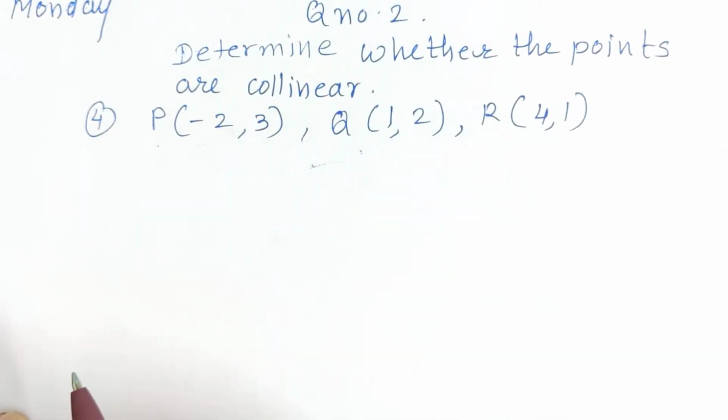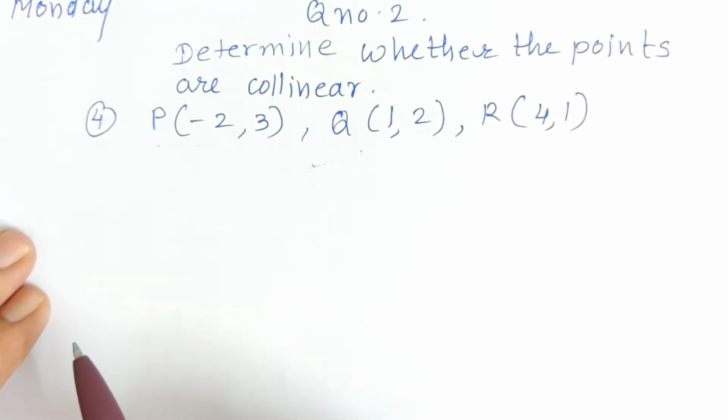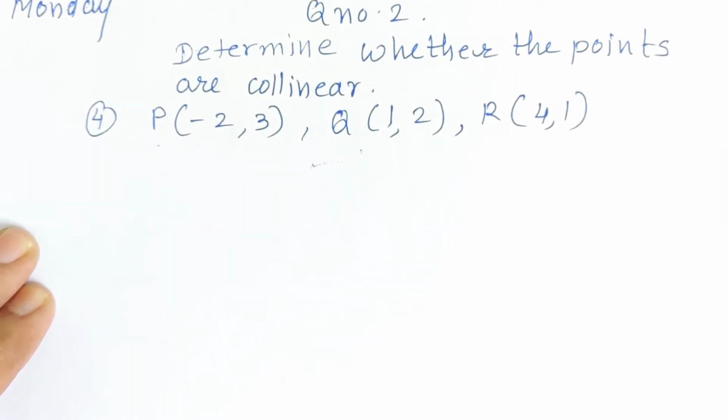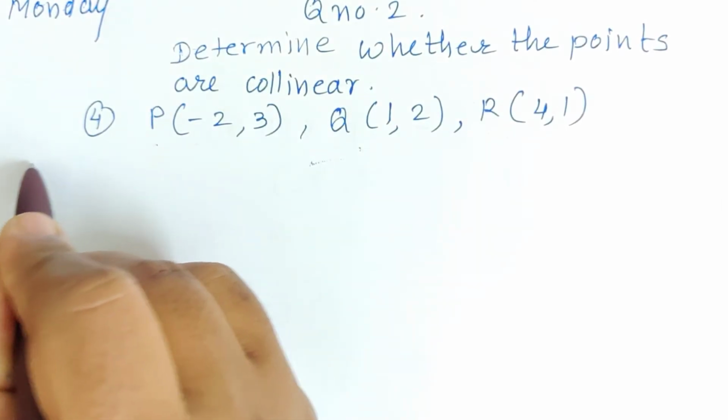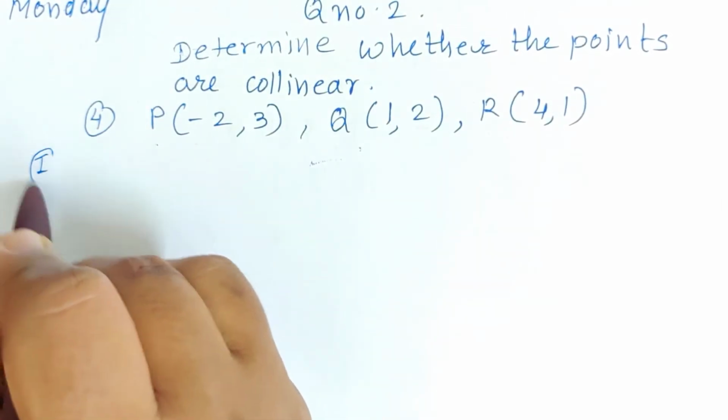Afterwards you check whether the sum of two segments is equal to the third or not. So one by one you will do it. First we will find the distance of PQ. Suppose this is the first part of the example.